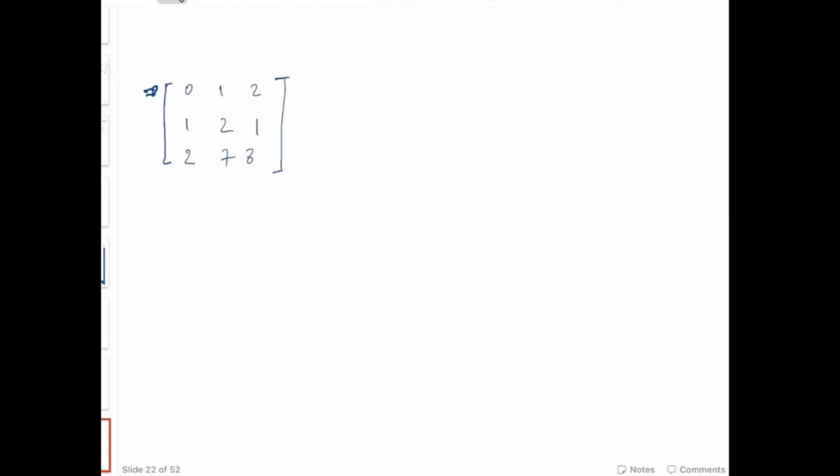So we do a swap between row 1 and row 2, between this one and that one. So we have an intermediate matrix: 2, 1, 0, 1, 2, 2, 7, 8.